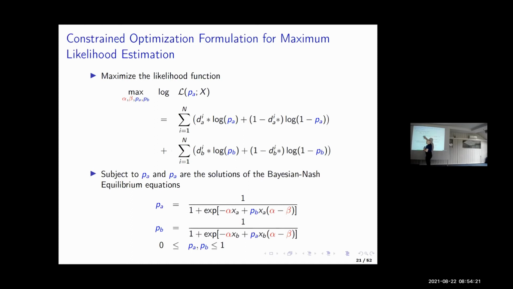So you maximize, again, the same likelihood, but now instead of maximizing with respect to alpha and beta and resolving for the equilibrium every time, like you would do with a nested fixed point algorithm, what you search over is the structural parameters and then the model solution, which is going to be PA and PB, imposing the Nash equilibrium conditions as constraints and doing a constrained optimization instead.